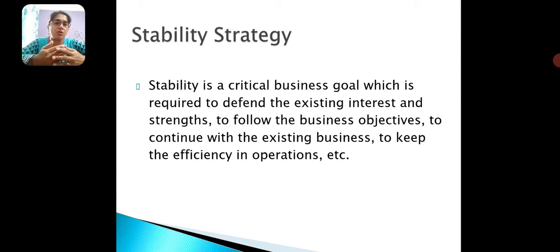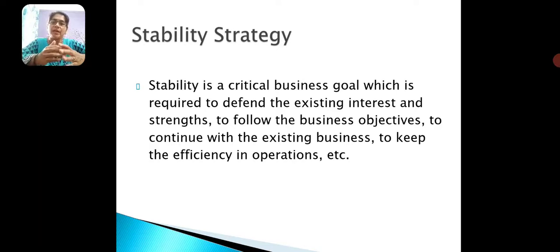I have told you earlier when we discussed this in detail that mainly this is done if the industry in which the corporate operates has already hit maturity and there is no scope for growth, or in times of economic downturns or during recession, where you don't want to take any risk.